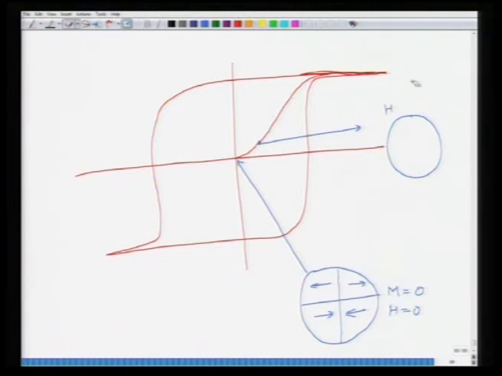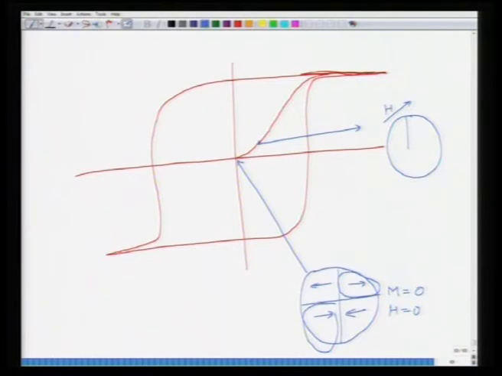So, let us say the field is in this direction. Then the most favorably oriented domains were this domain and this domain. So, what happens is these domains grow at the expense of these other domains.